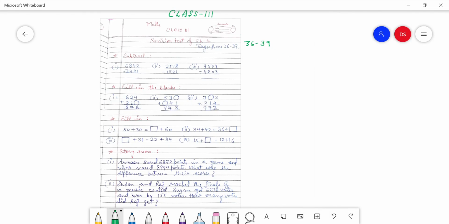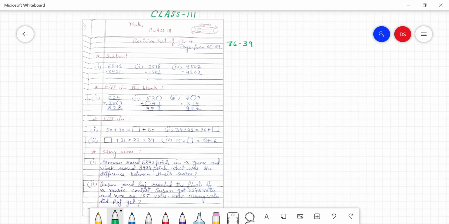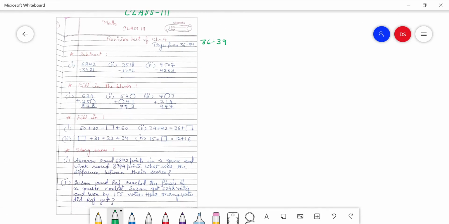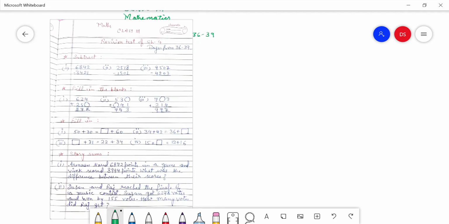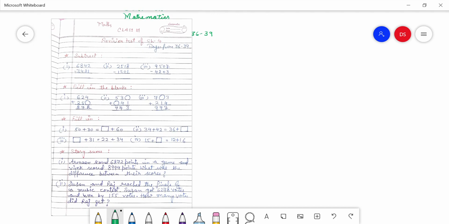Yes, children, you can see that this is the revision sheet which is displayed on the screen now. We will start from the first question.